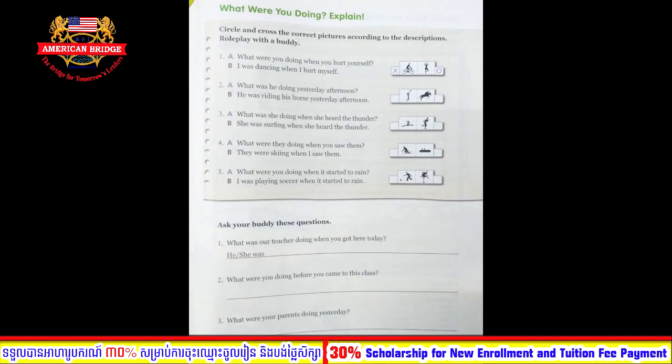Now have a look at the pictures on your right. So we have 2 pictures on number 1, bicycle riding and ballerina dancing. Picture number 2, basketball players and horse riding. Picture number 3, a boat, is it canoeing or rowing, and running.